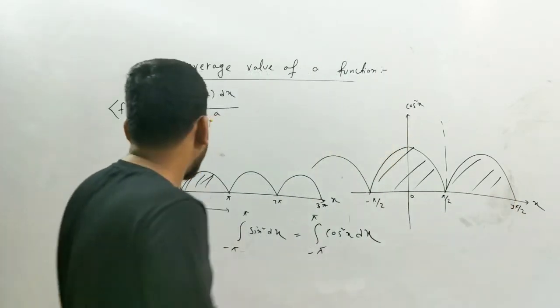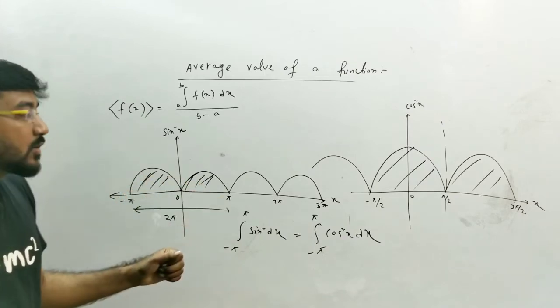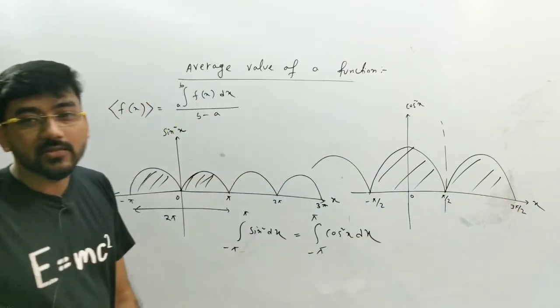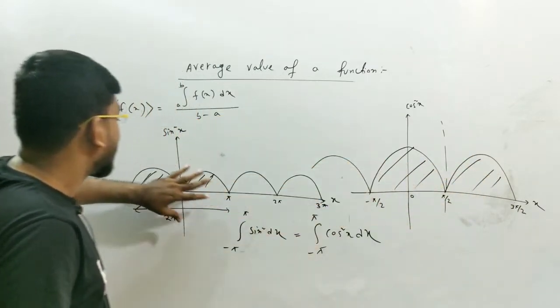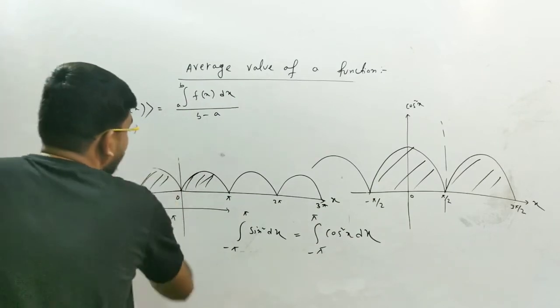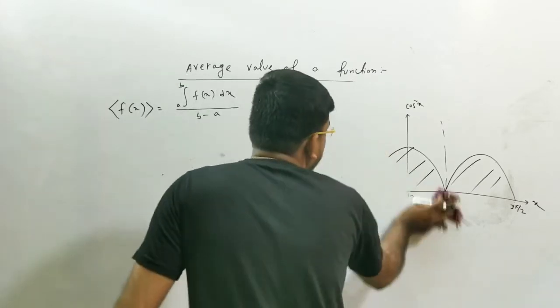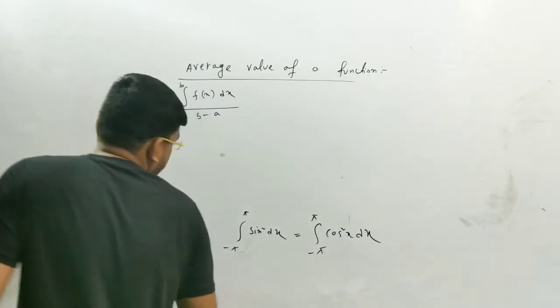So it does not matter whether you are writing minus pi to plus pi, or minus pi by 2 to 3 pi by 2, because the result is same, the area under the curve is same. Okay, so we can easily write that minus pi to pi sin square x dx is equal to minus pi to pi cos square x dx.